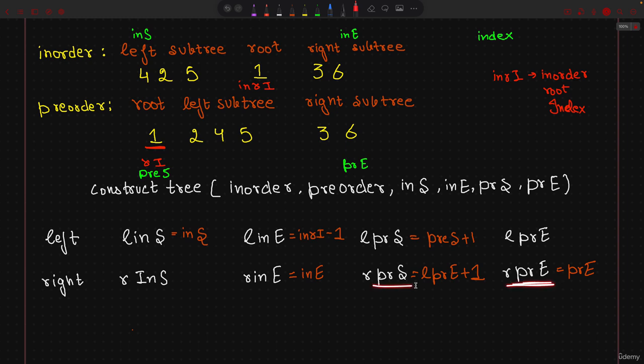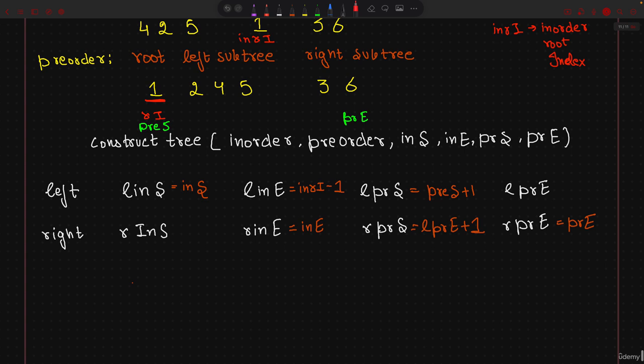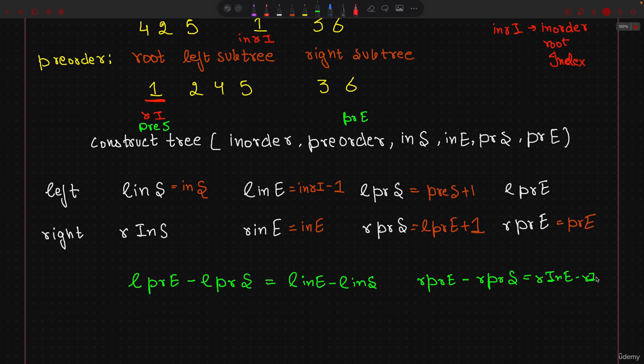So let me write this as well, everyone. Left pre-order end minus left pre-order start is equal to left in-order end minus left in-order start. Similarly, right pre-order end minus right pre-order start equals right in-order end minus right in-order start.